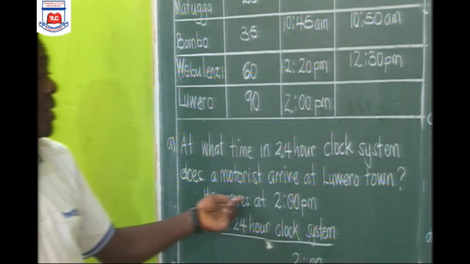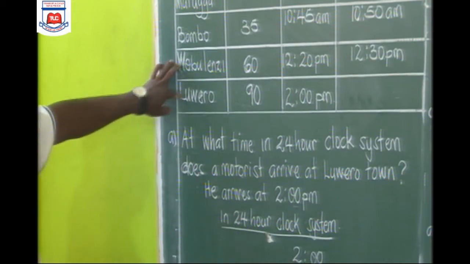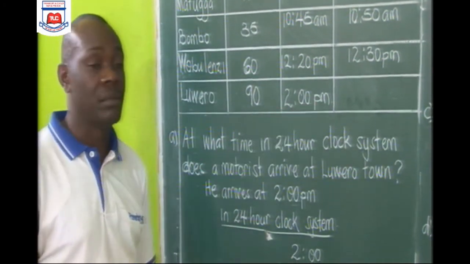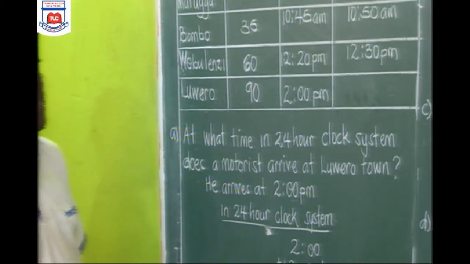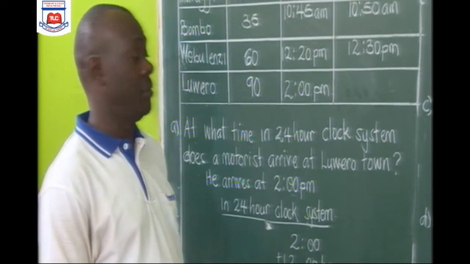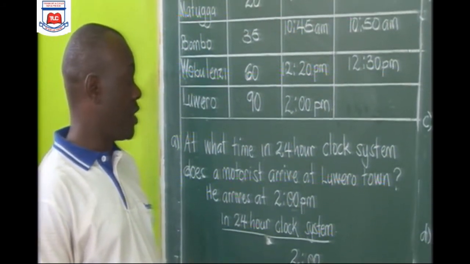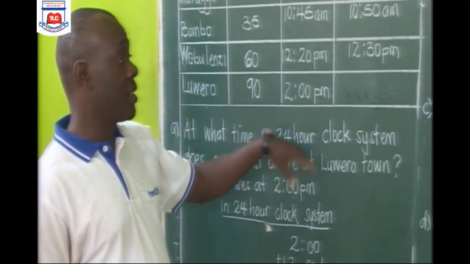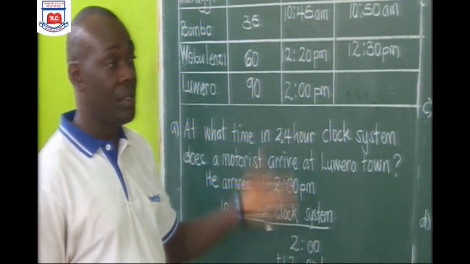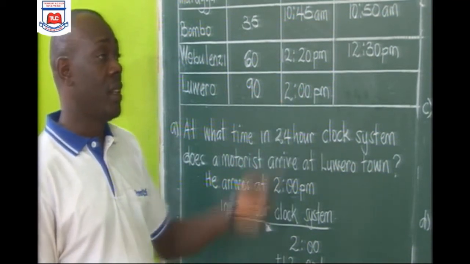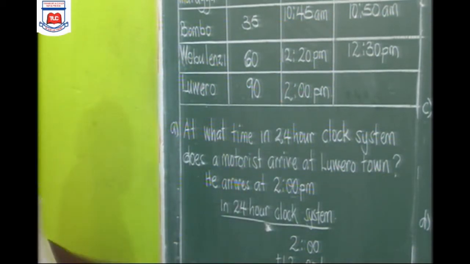So we go to the town, which is Luweero, and look at the arrival time there, which is 2 p.m. It should be noted that wherever you see p.m. or a.m., that's the 12-hour clock system, because the 24-hour clock system must have a unit, which is hours. So if we don't see those hours, just know it is another clock system, which is automatically the 12-hour clock system.